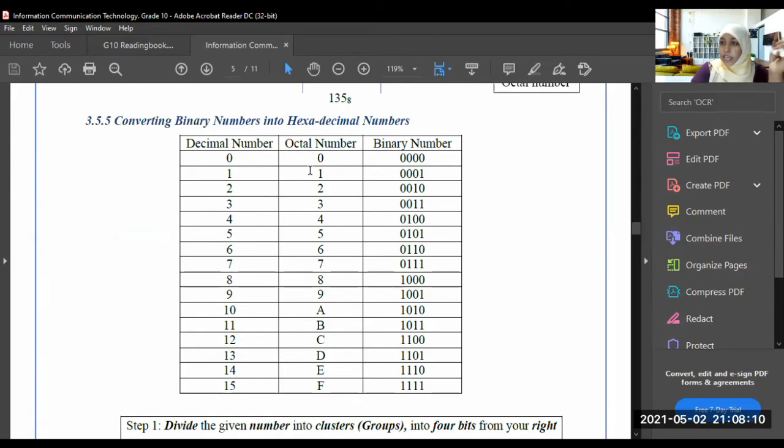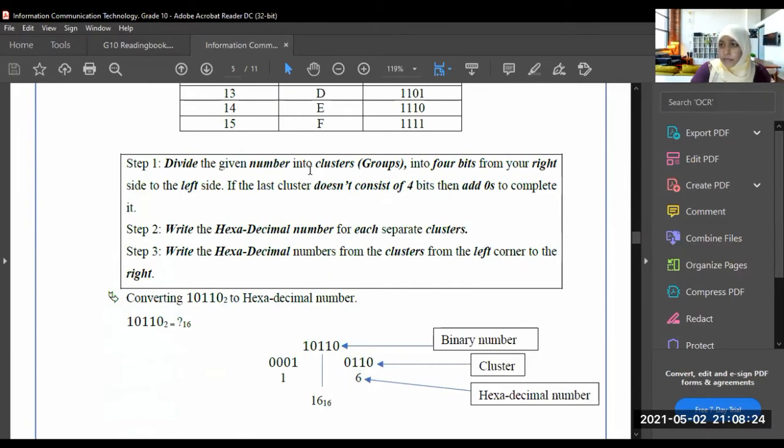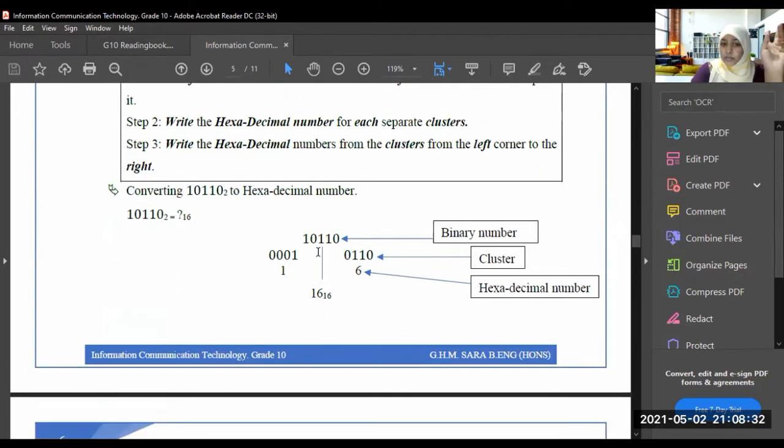The binary equivalent of an octal number is 3 bits. Here the hexadecimal numbers are 4 bits. There should be 4 bits, right? So the same steps are to be followed, but here you should cluster them into 4 bits.